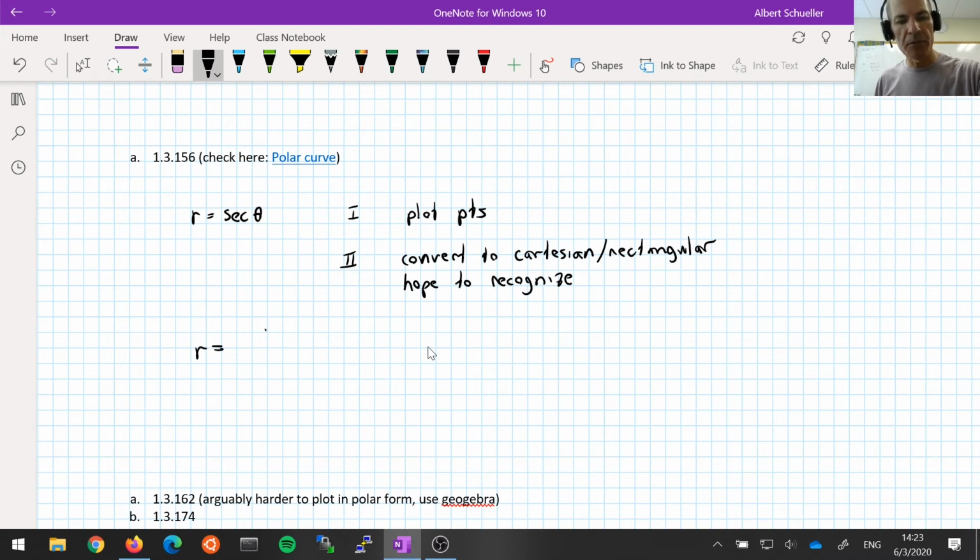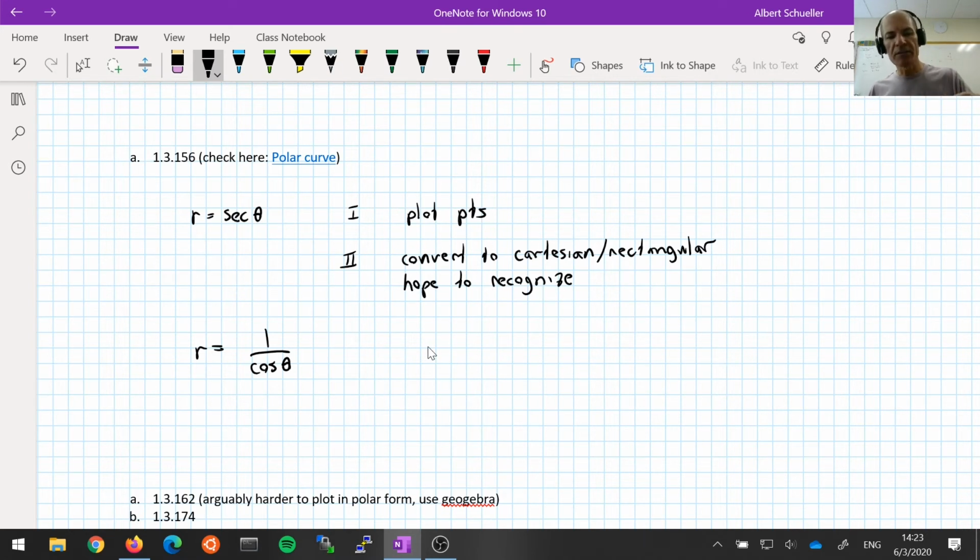We know that r is equal to secant theta, and that secant theta is equal to 1 over cosine theta. If you didn't know that, go back and review trig. It's really important that you have the trig solidly embedded in your brain. We don't really see the polar to Cartesian formulas popping out at us, but we do know that we can do algebraic manipulation to help us along.